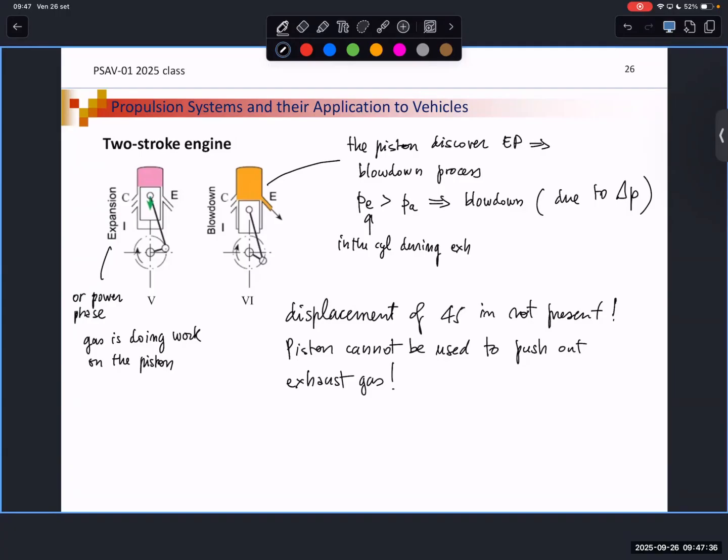I would like to stress the attention on something that I didn't discuss before, and the attention will be related to the position of the ports.